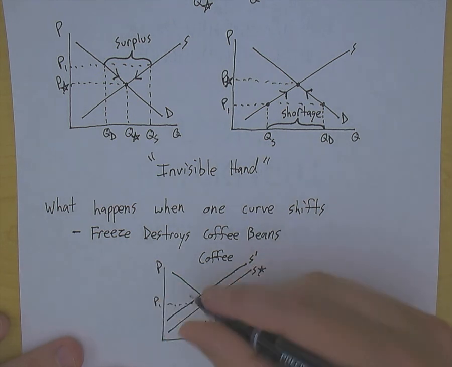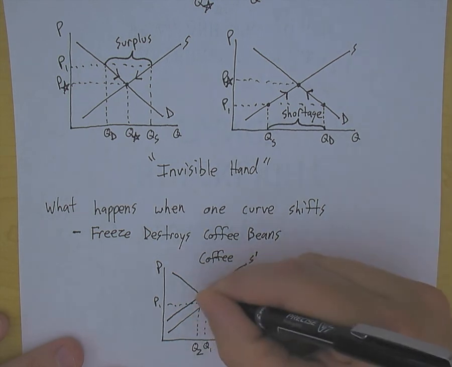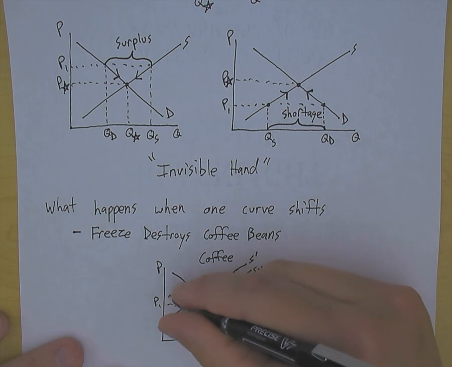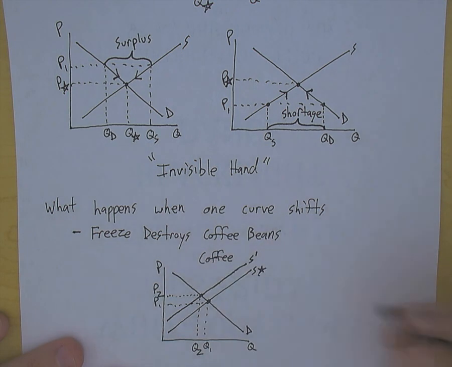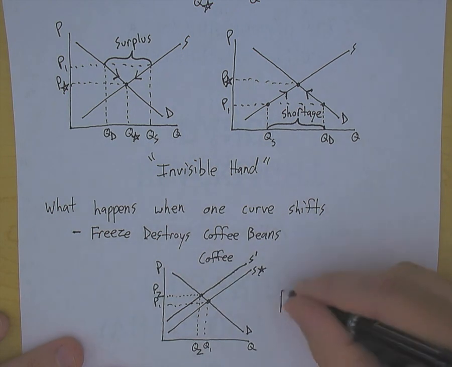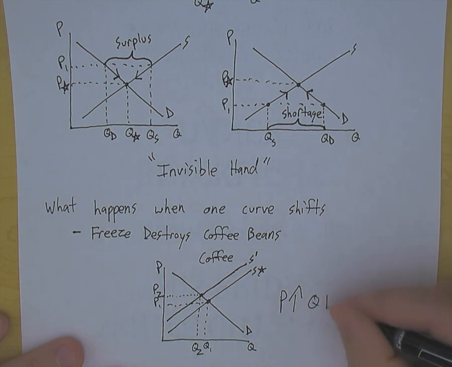And now with this coffee bean freeze, I have Q2, where the new equilibrium is met, and a new price established where the supply and demand come together with the new supply curve. I have P2. So it appears from this that because of this freeze in coffee beans, in the market for coffee, the price will go up and the quantity will go down.